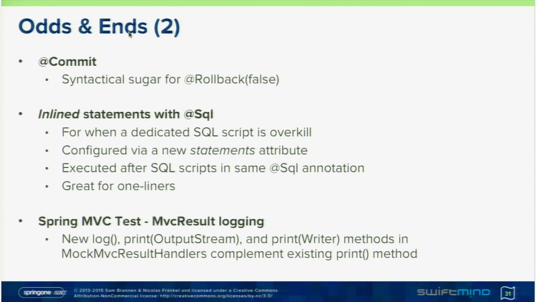Also, if you use Spring MVC tests, you might know about the result handler. Basically, a result handler can do anything with your result, and there is one provided out of the box. The only thing that it did previously was log the result. It was nice, but it logged it on system.out with no choice of configuration.